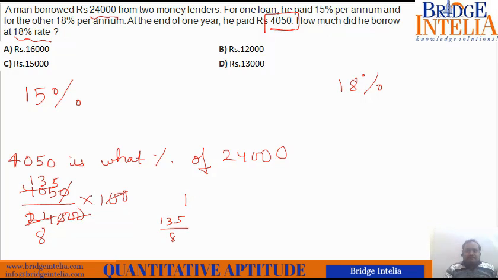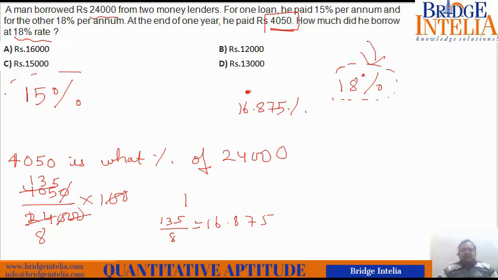16.875. So final answer came out to be 16.875%. So this is very clear that the answer is more closer to 18%. It means more money was deposited in this scheme as compared to this scheme, but we are more interested in the actual value.